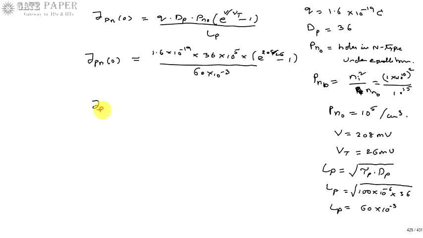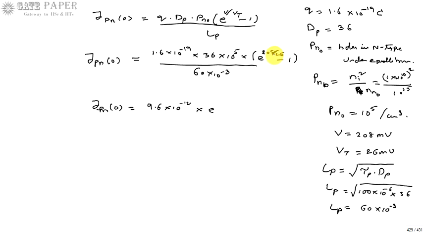So JPN of 0 is equal to 9.6 into 10 power minus 12 into e power 208 by 26.